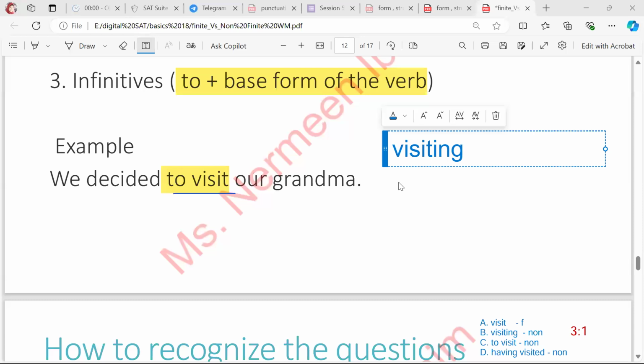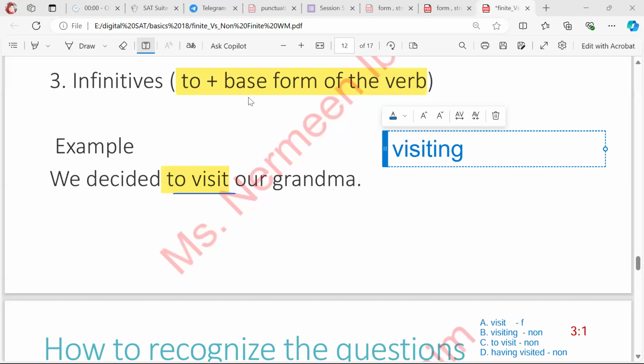Okay? I'm going to go for a young lady so that we can see who's going to take the point. Take care because I might be tricking you. Omneya. Hi, Omneya. Now, visiting. Your friend Abdurrahman Gamal is saying that visiting is a finite verb. What do you think?